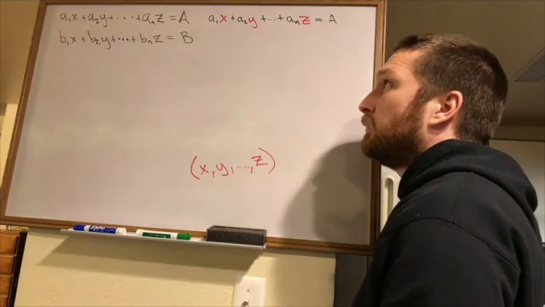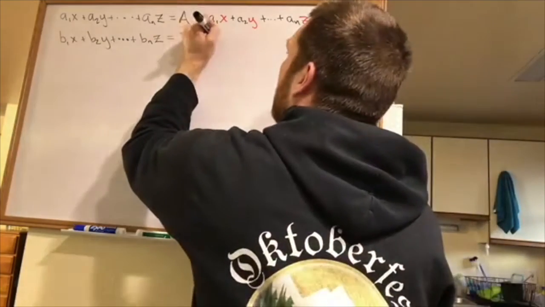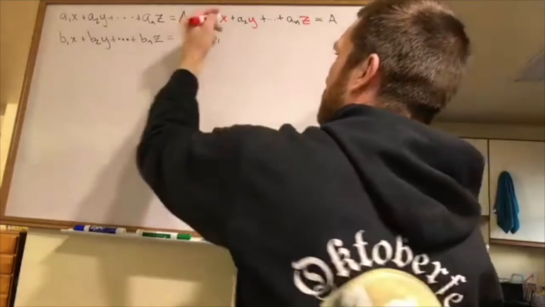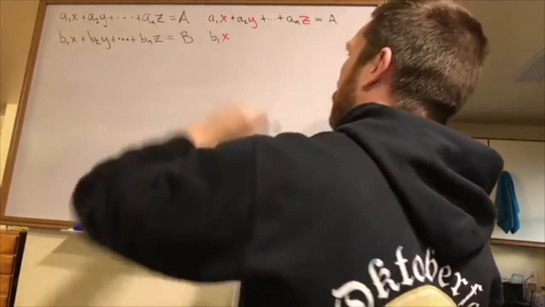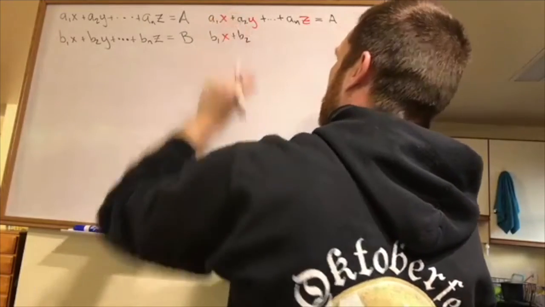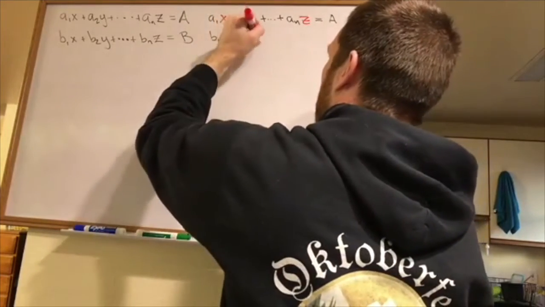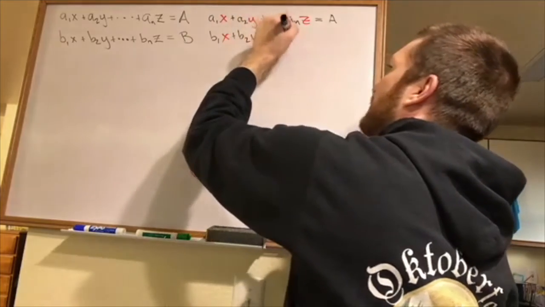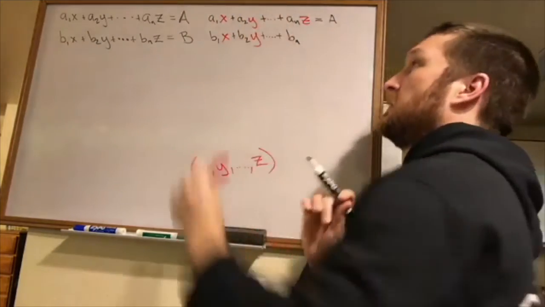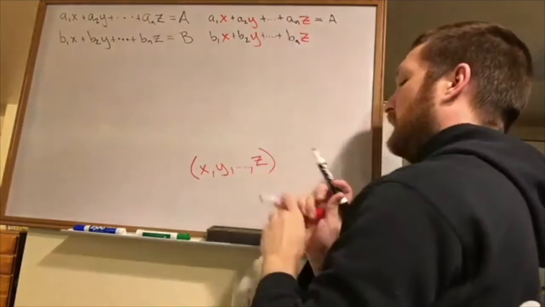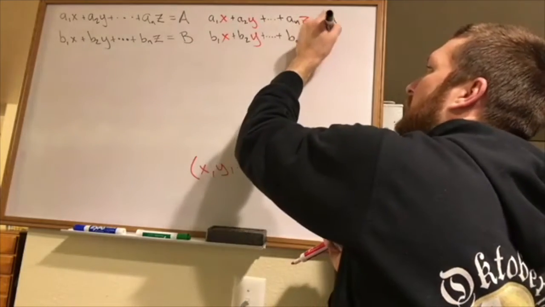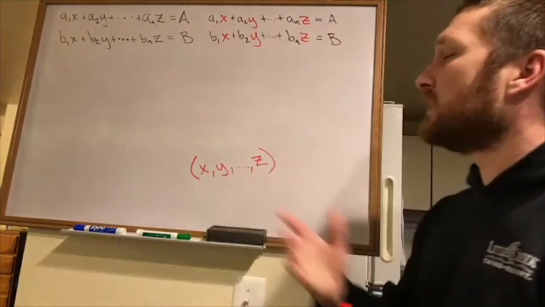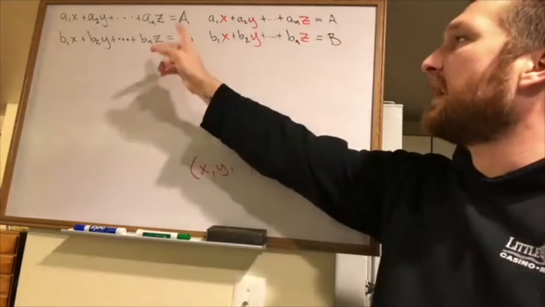And so when I plug it in, I get b1 times x plus b2 times y, plus all of the others, and I finally get down to bn times z. Well, it must equal b, because that's what it means to be on that hyperplane.